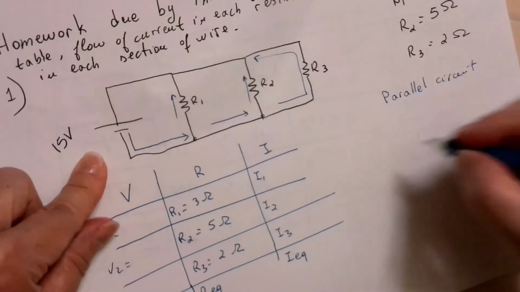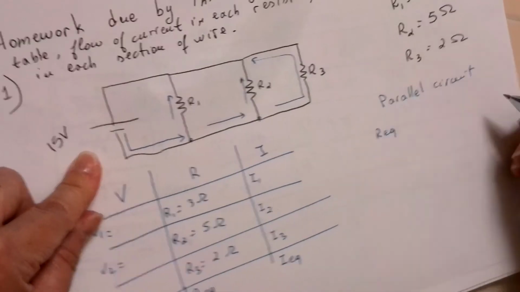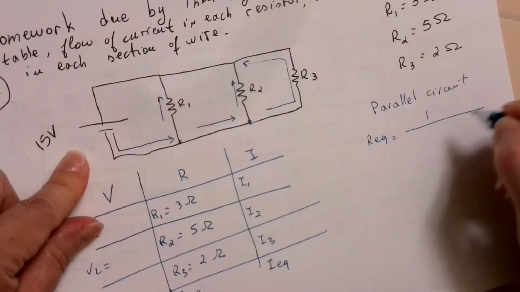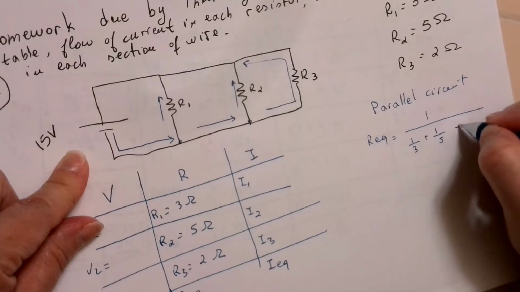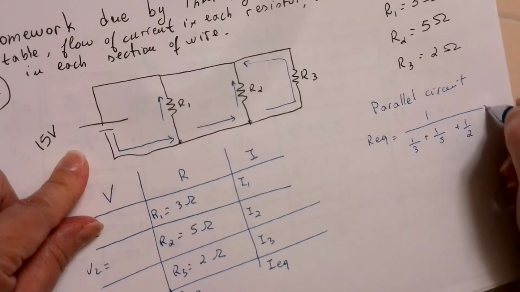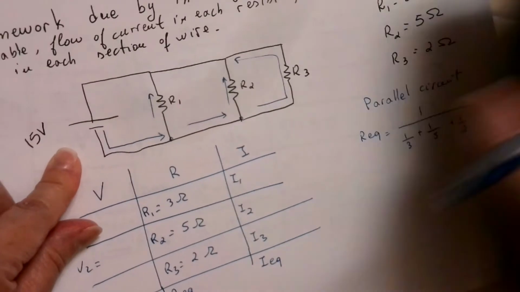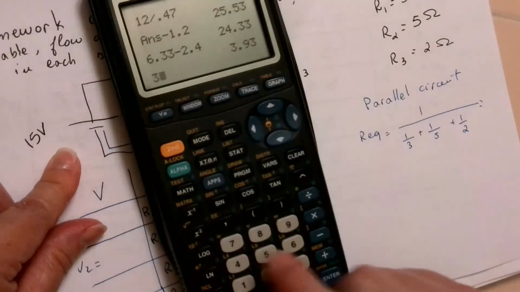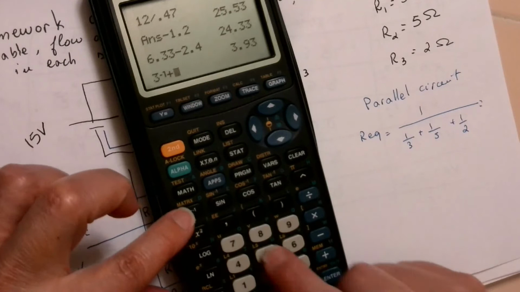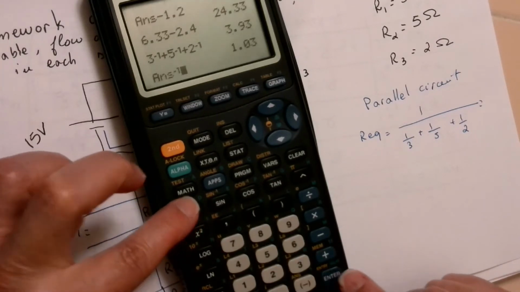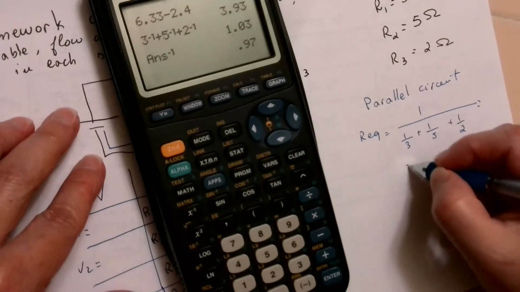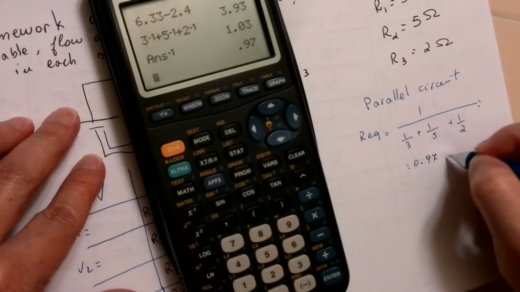Once we have this in place, we know how to calculate the R equivalent, which is 1 over 3, 1 over 5, and 1 over 2. At this point you put everything in the calculator: 3 inverse, 5 inverse, 2 inverse, enter, inverse, and this is 0.97 ohms.